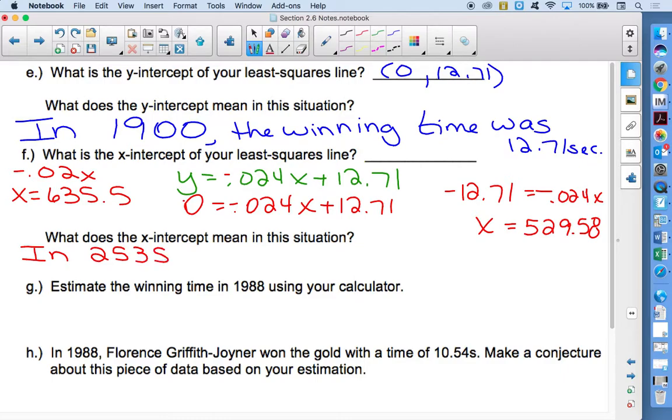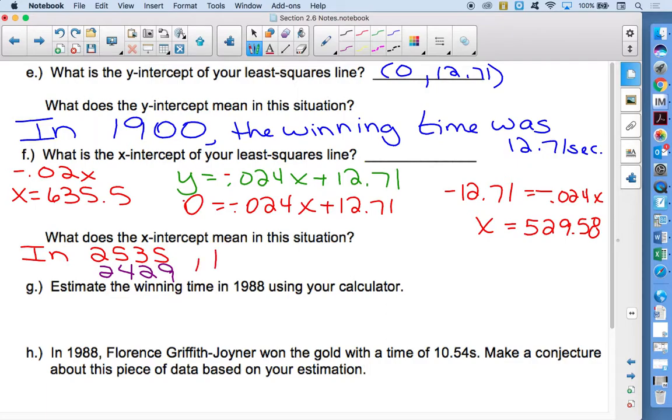So if it's 635 years after 1900, it's actually the year 2535. If we use Lauren's number, Lauren, we would be the year 2429. Either way, they're so far into the future. So depending which number you used, those would be the years that would correlate.